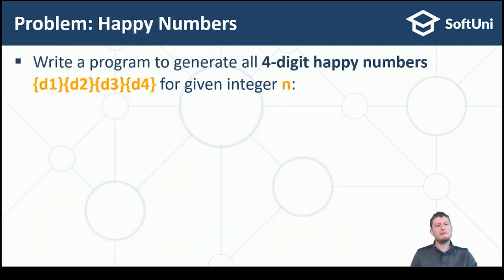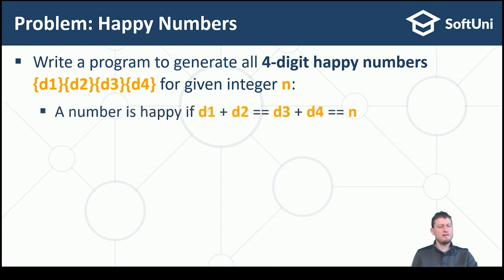Okay, the next problem is called happy numbers. It's about writing a program to generate all 4-digit happy numbers, D1, D2, D3, D4, for given integer n, such that the first two digits, their sum is equal to the second two digits, which are equal to n.